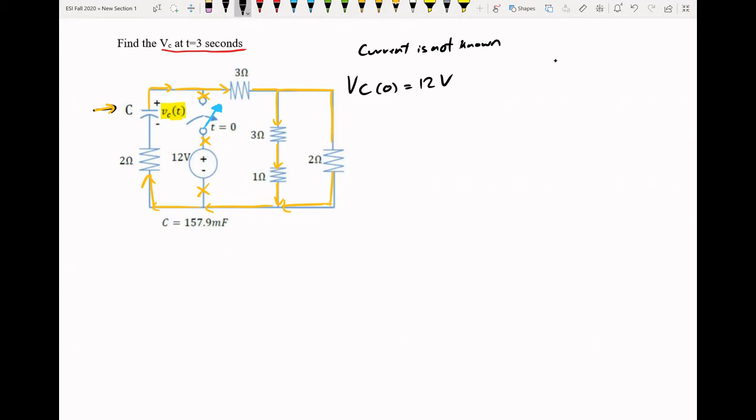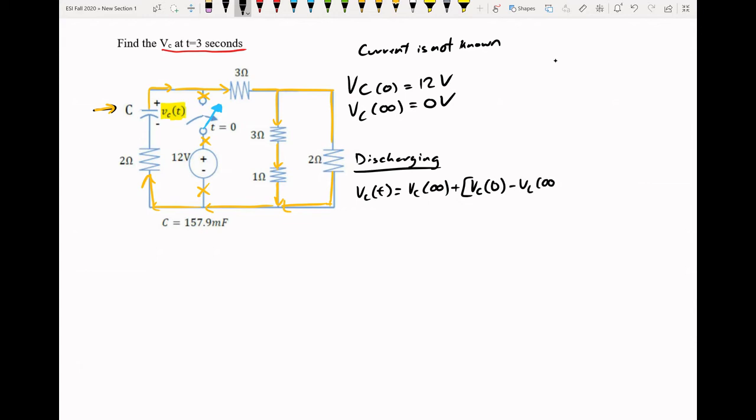So we know that V of C at infinity is equal to 0 volts. So for our discharging equation, because it's stored up and then it's dispelling all of its voltage, V of C at time t is equal to V of C infinity plus V of C 0 minus V of C at infinity, times e to the minus t over tau.